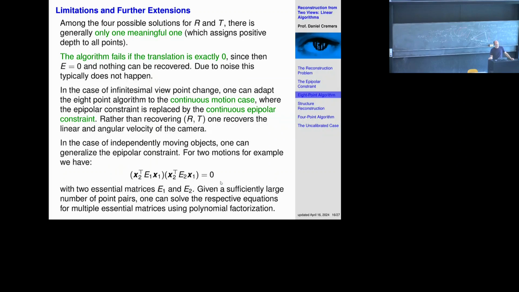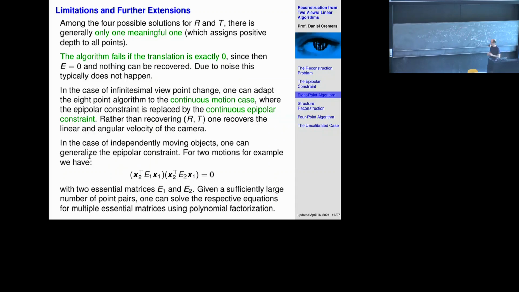How practical that is another matter, right? Because if you have too many rigid body motions, you might need endlessly many corresponding point pairs, which is very hard to get in the real world. But in principle, there are ideas to generalize this epipolar constraint to multiple objects.